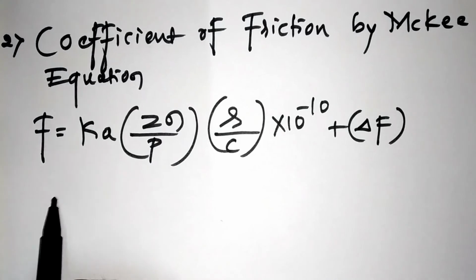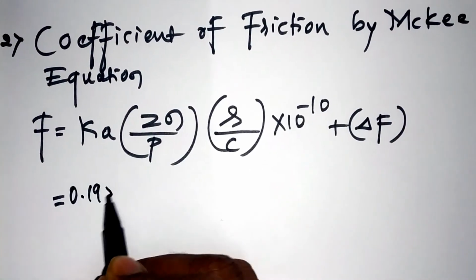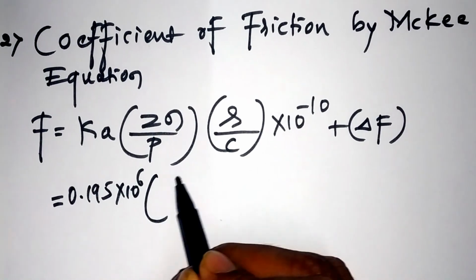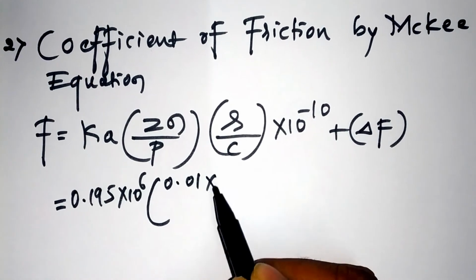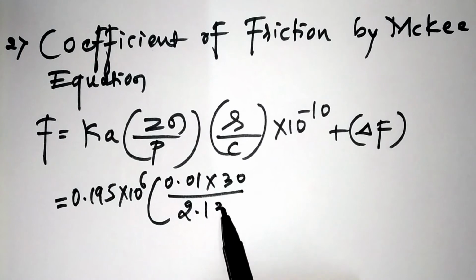So the value of K, from the data handbook, is 0.195 into 10 raised to 6. Next the value of Z is given to be 0.01, into the value of N, which is 30. P is already calculated as 2.13.